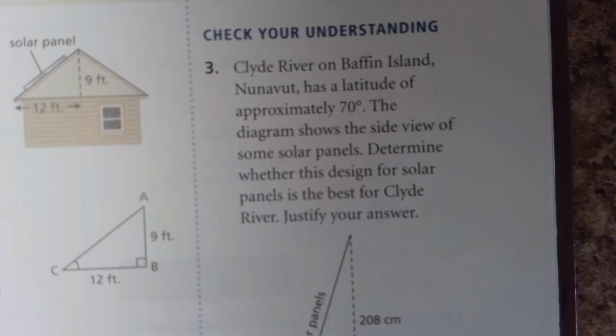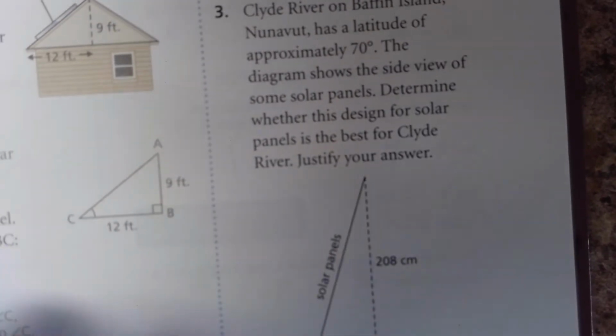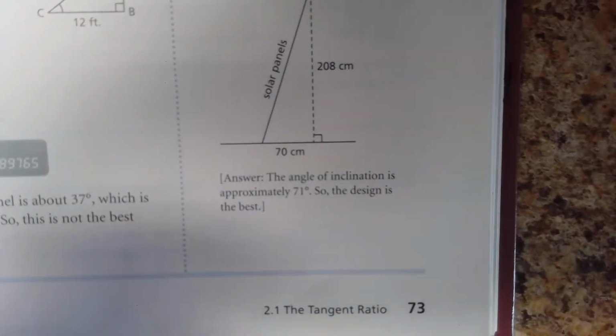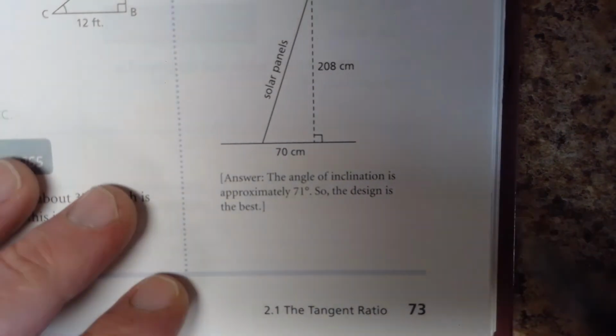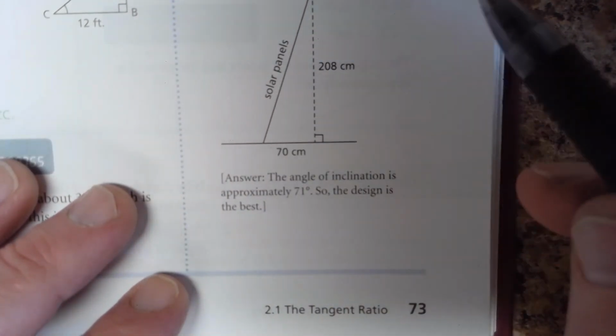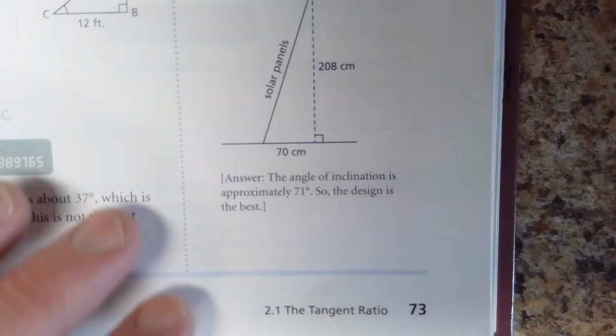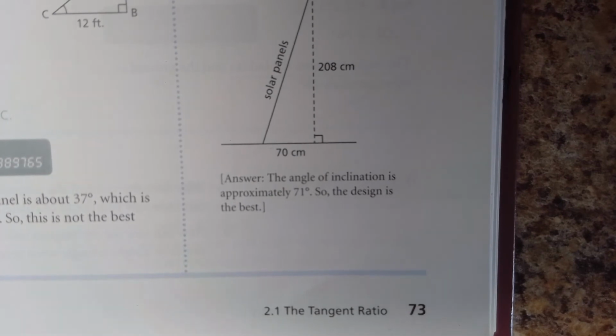Determine whether this design for solar panels is the best for Clyde River. Justify your answer. So you want your angle of inclination of your solar panel, which is down here on the bottom, to be at least 70 degrees. So we're going to solve for it and find out if it is.